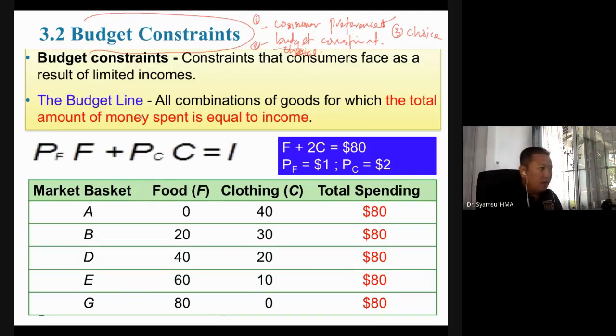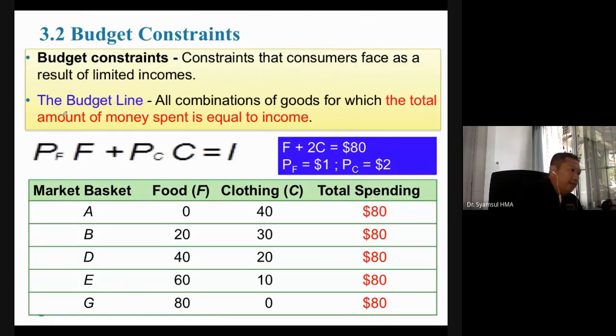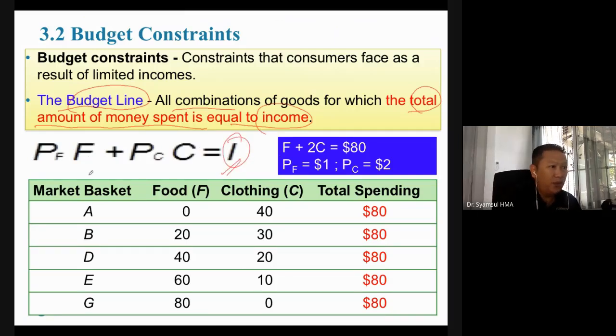Now we call this budget constraint the budget line. Budget line: all combinations of goods for which the total amount of money spent equals income, right? So we have to assume that all of your income is spent on the goods that you want to buy. In our example, we only have 2 goods, but in reality you have more than 2.